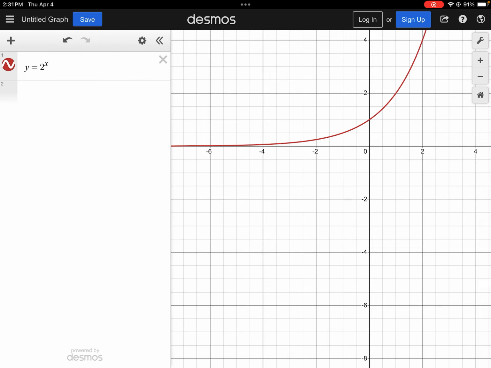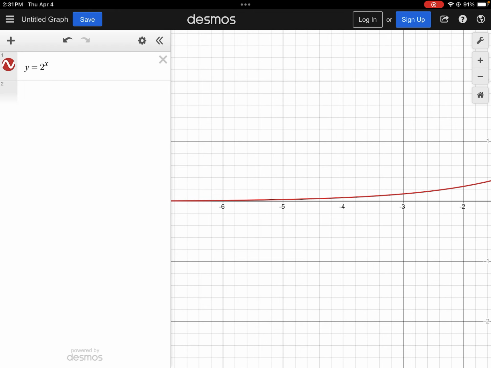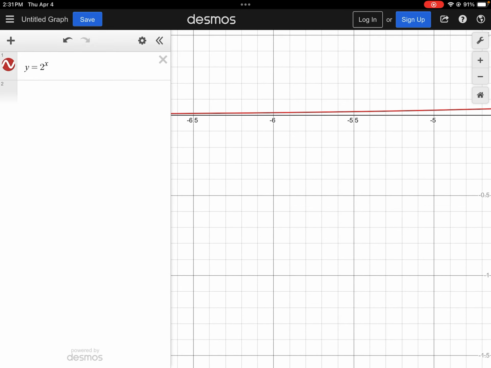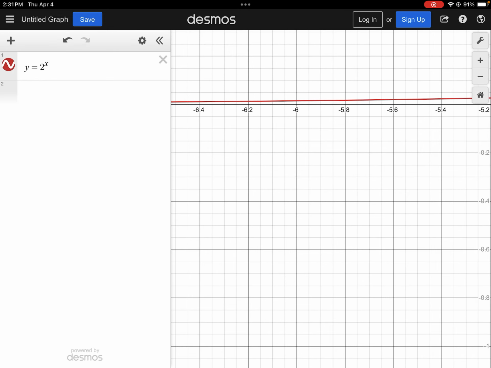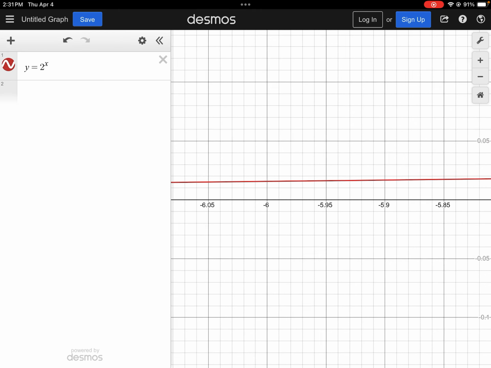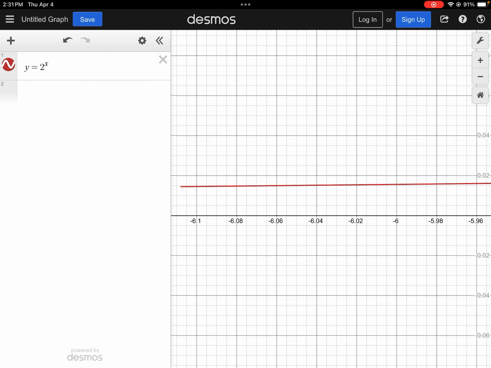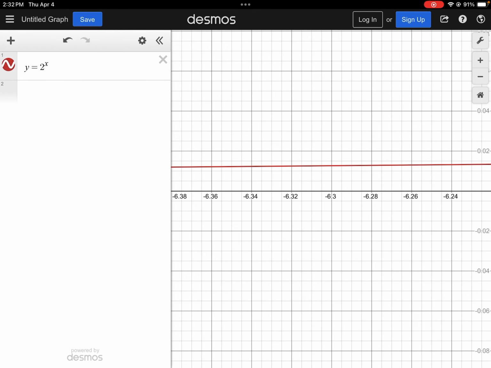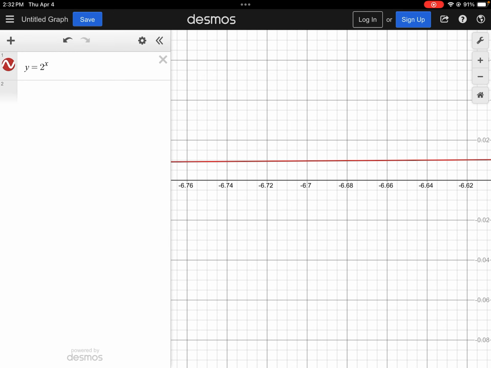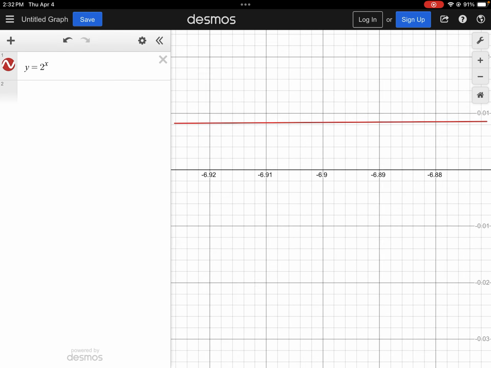When I get smaller and zoom in, what happens is you can see that the line is no longer touching the x-axis, but the grid lines are getting smaller and smaller, and the interval is now smaller and smaller, 0.26, 0.28. And that red line is not touching the x-axis. So the farther you go and the more you zoom in, it gets farther away.